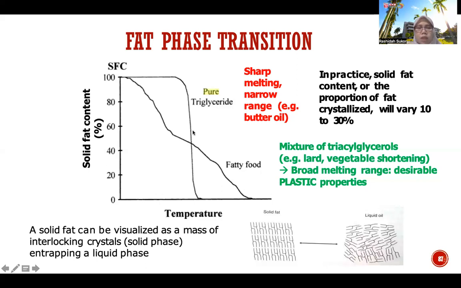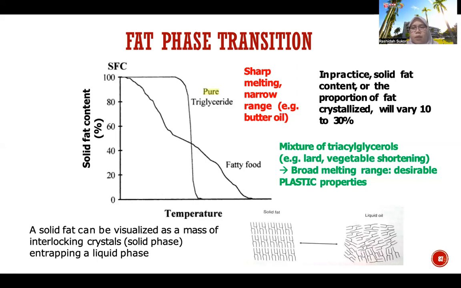You see that for the fat-based food, if you measure the SFC, the solid fat content of the fatty food, it has a wider range. You can see the temperature from here to here. Actually, you can have a wider range. So for a food system, we want the food to have a wider range of temperature that you can play around.